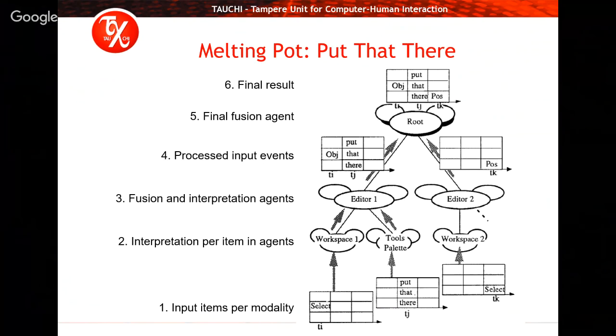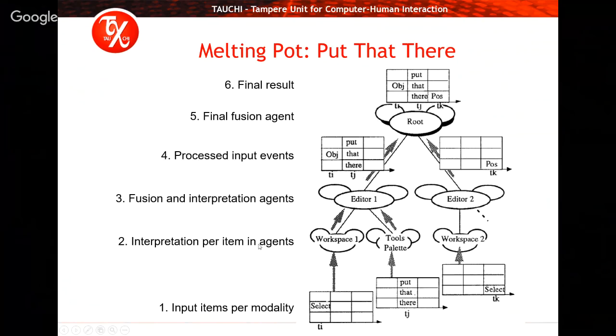Here basically we have input from different modalities, and it's put into this kind of grid. The put-that-there example is used here again. So we have pointing information here, pointing information here, and speech, put that there.